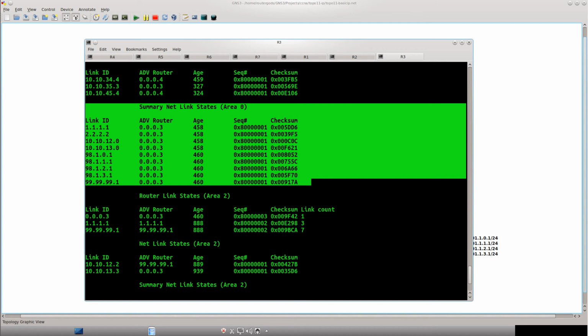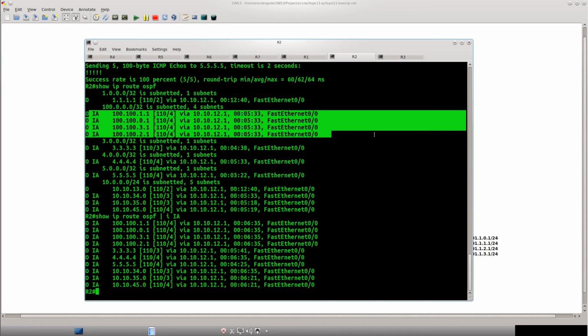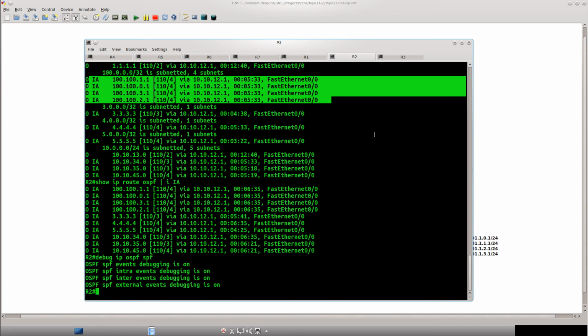So now let me show you something cool. Go on R2. We're going to do a debug IP OSPF SPF. This is the same thing we did on R4. I think R4 probably is still running. So remember before we started the debug on R4, we cut the link at the bottom of the triangle and everything went nuts.